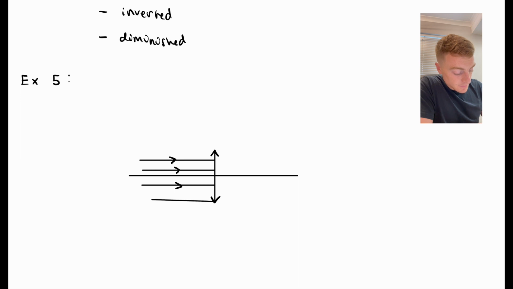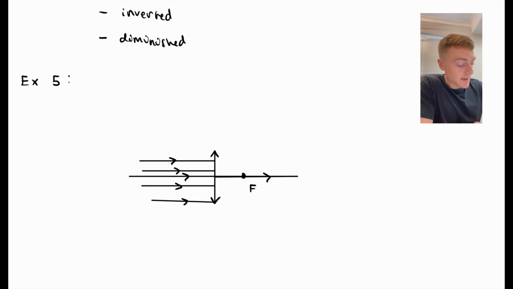Okay, and let's say we've got one on the principal axis. Well, first of all, we know the one on the principal axis this time is going to go through completely unrefracted because it goes through the center of the lens. Now, if the focal length of the lens is here, every single light ray is going to pass through that focal length. So let's draw that in.